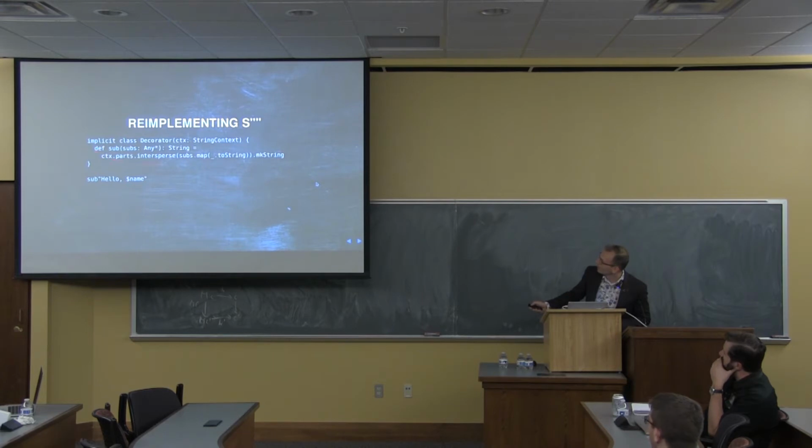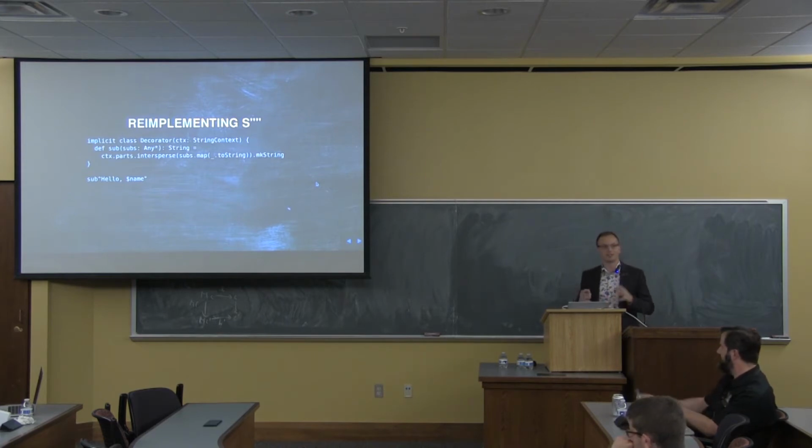Now, the context, this is the string context that we have, has a parts method that gives us access to the string literals that are the fixed, the known parts of the string, the static parts that are known at compile time. I'll make the distinction, and it's fundamental, and sometimes difficult to get your head around: at compile time there are the fixed literal parts, and then there are the variable unknown parts.